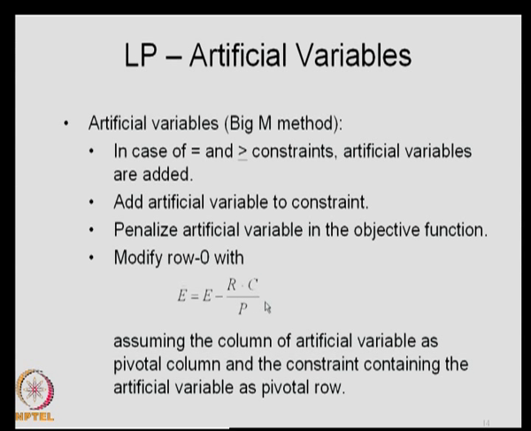So, you take just those two rows, namely the z row and the row containing the artificial variable, and transform the z row.